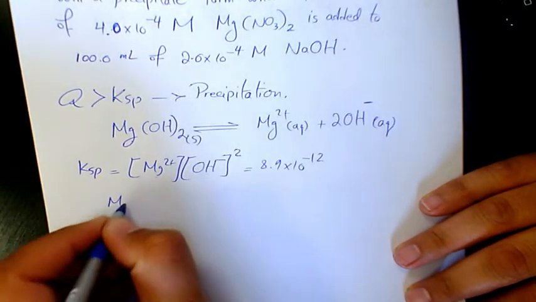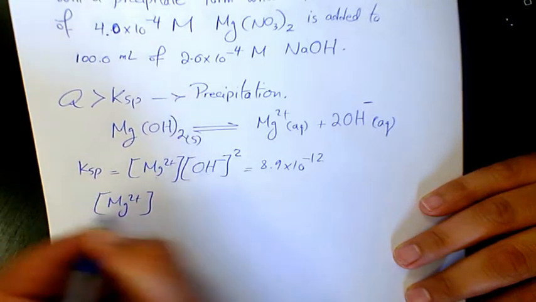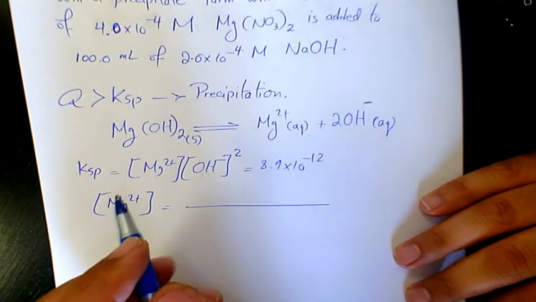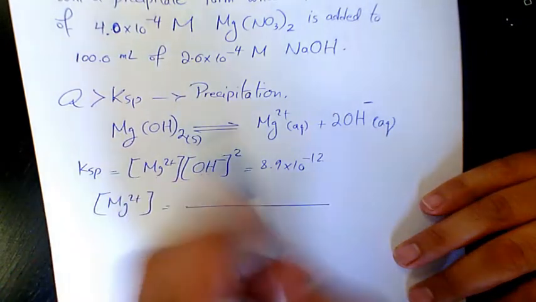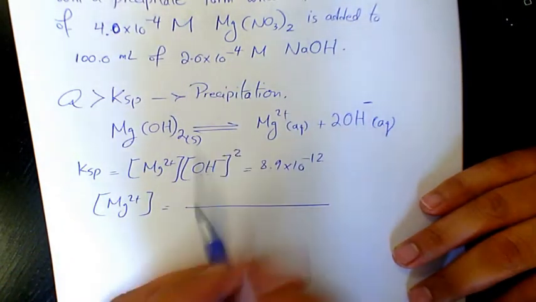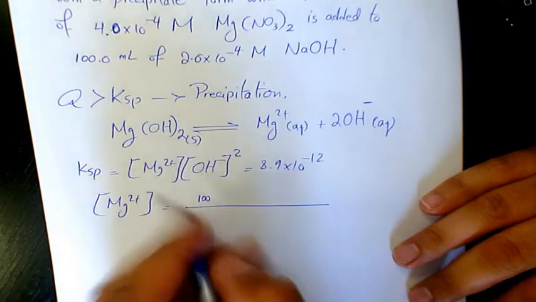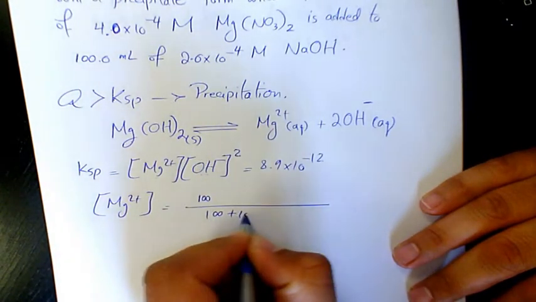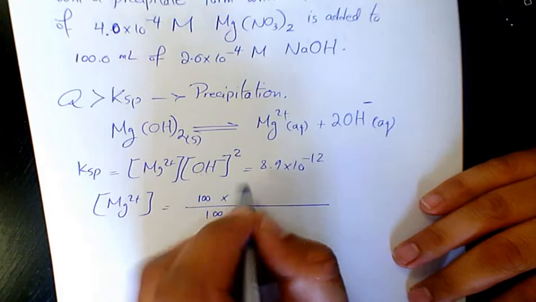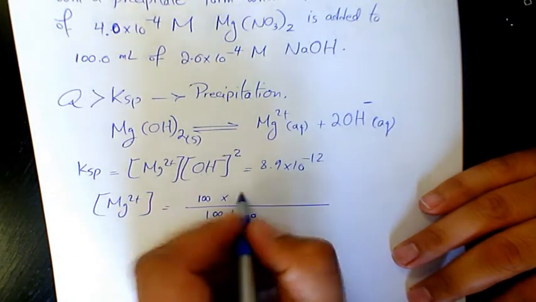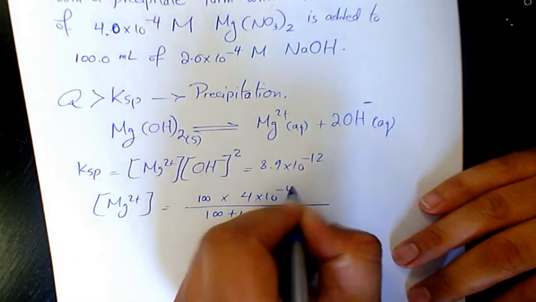The concentration of Mg is 100 milliliter divided by 100 plus 100, times the concentration of Mg, which was 4 times 10 to the power of negative 4.